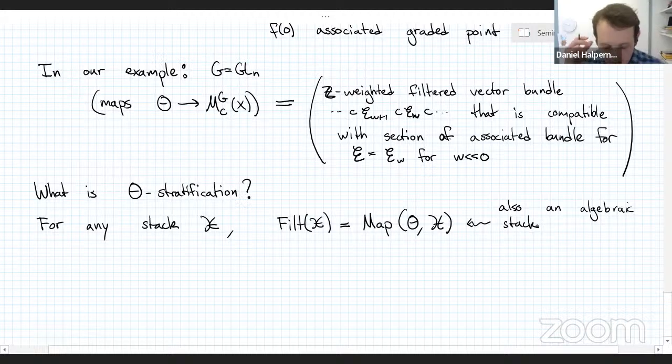I'm not giving you hypotheses, but for some very general class of stacks, this mapping stack is also algebraic.